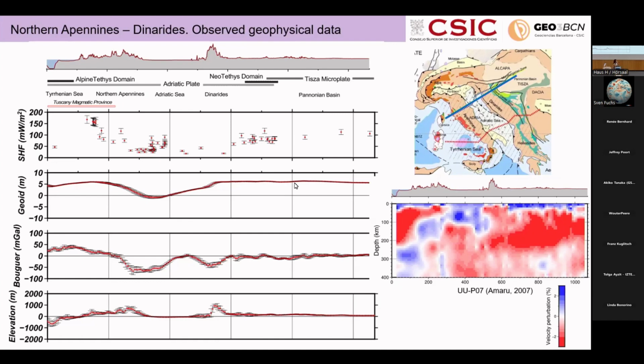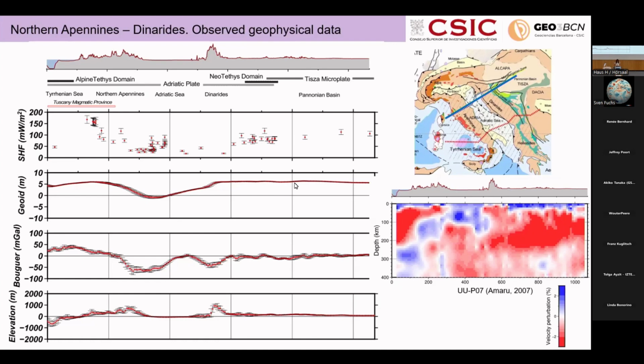What they tell us is that there is a fast velocity zone that goes beneath the Apennines in the south-west direction, dipping to 400 kilometers depth, and on the other side, to the Dinarides, it is dipping to the northeast and is shallower.